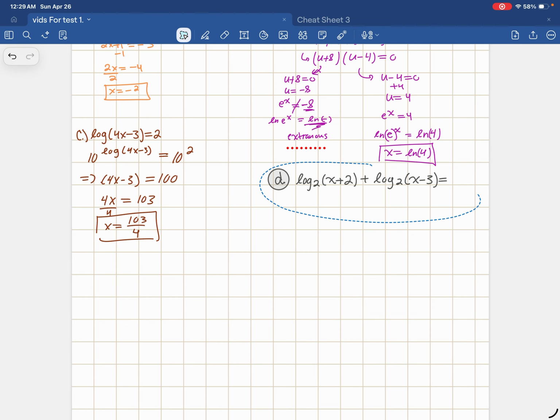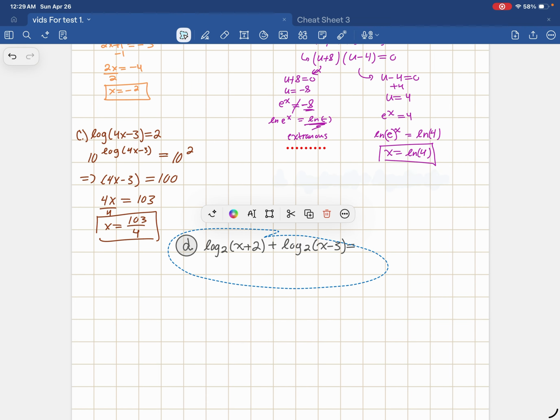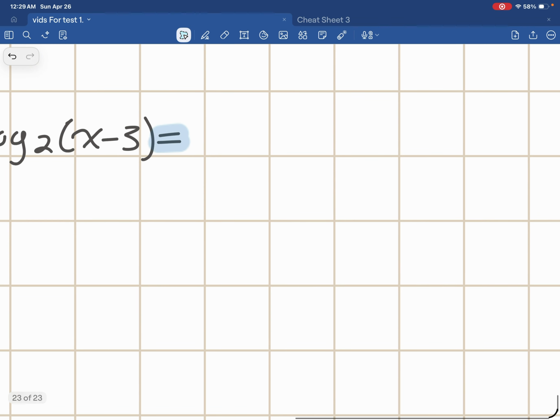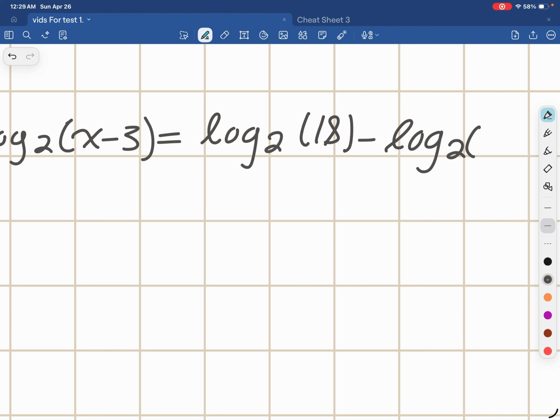This is a very long problem, but not to fret, we'll get it solved. Move it down here as well to give us some more room. Equals log base 2 of 18 minus log base 2 of 3.